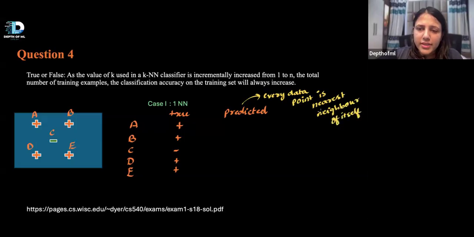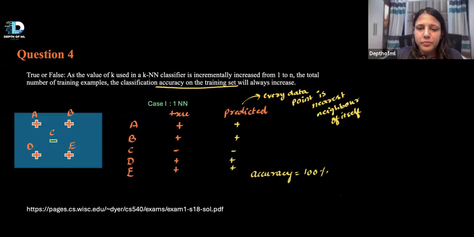Is this clear? Why is this? Because I'm computing the accuracy on the training data set, so the predicted value will be exactly the same. So accuracy is 100%.